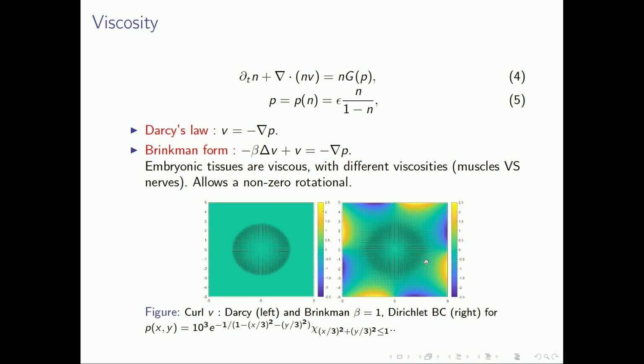Same thing here. And so you have arrows in the middle. Here you have arrows a bit everywhere. And so that's V. And the colors indicate the rotational. As you can see here, the rotational is 0 everywhere. And here you see that you have positive or negative values for the rotational.